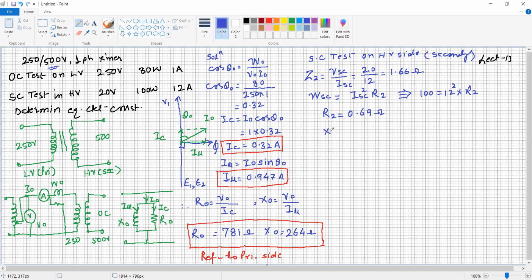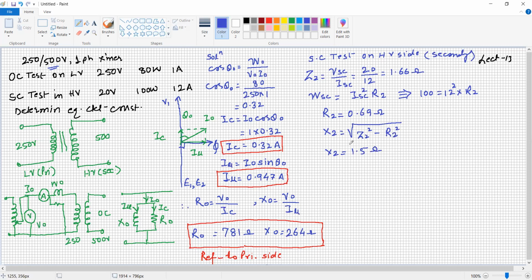Now X2 is equal to under root Z2 squared minus R2 squared. Therefore, X2 is equal to 1.5.